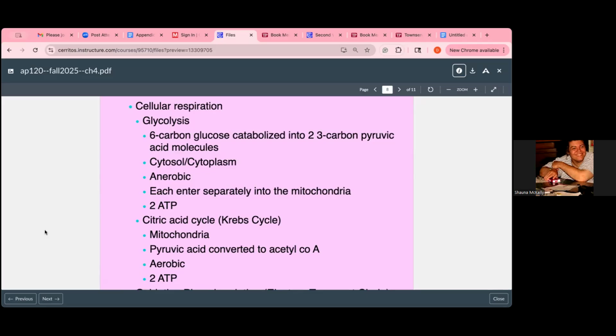Then in the cytoplasm or the cytosol, there's an anaerobic reaction. It doesn't need oxygen, where each of the pyruvate molecules enter separately into the mitochondria. And your net result as far as energy goes is 2 ATP and a bunch of enzymes, okay?